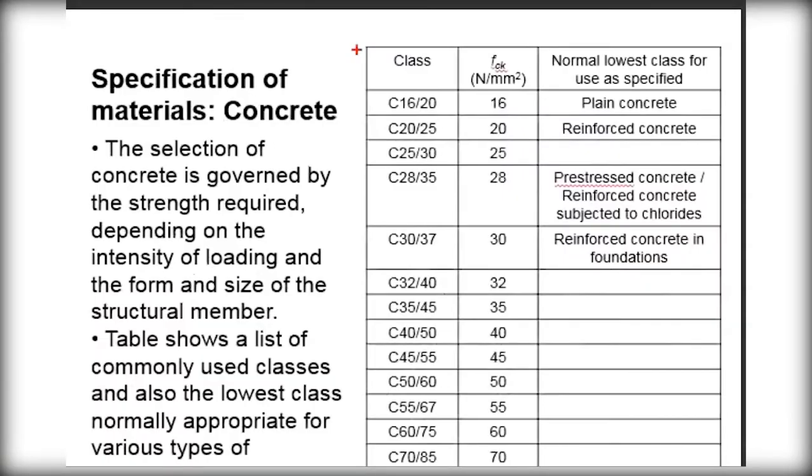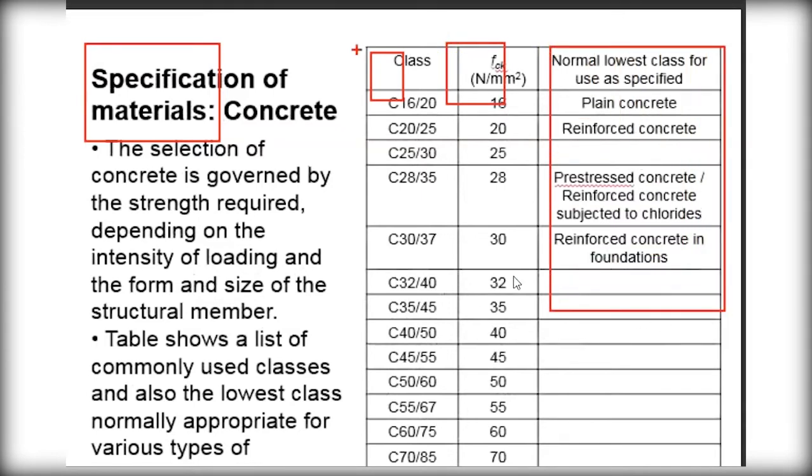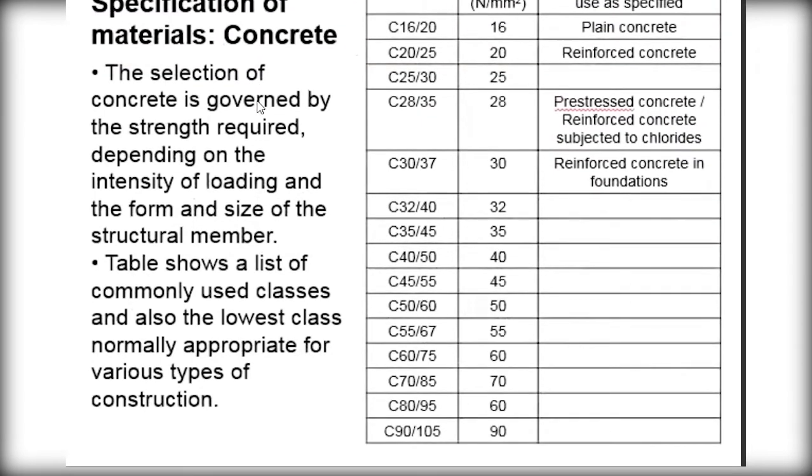Now you can pass through also the specification of the material, the class, the fck, and the properties generally, whether it is plain concrete or reinforced concrete or pre-stressed concrete. So go and pass through this table.